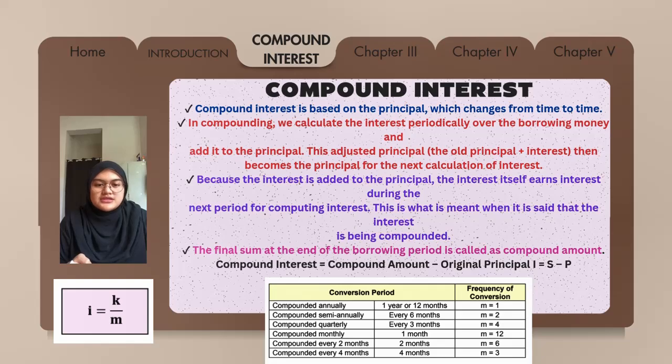Because the interest is added to the principal, the interest itself earns interest during the next period. This is what is meant when it is said that the interest is being compounded. The final sum at the end of the borrowing period is called the compound amount.